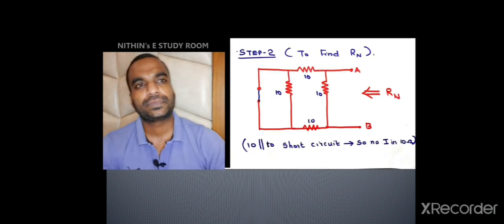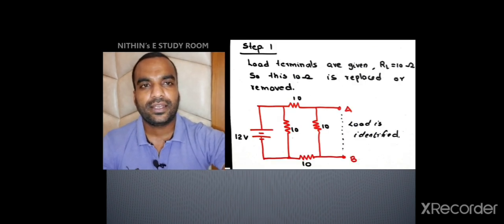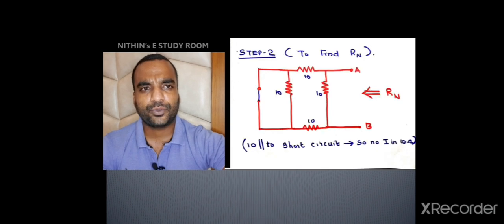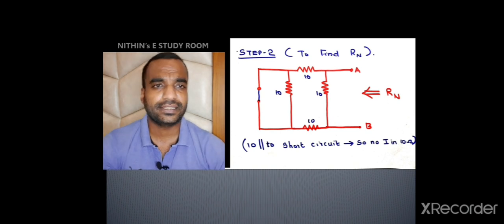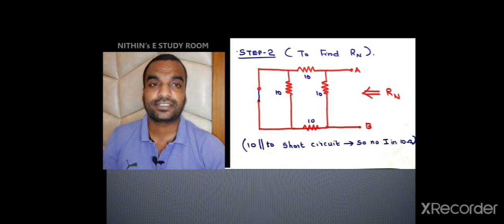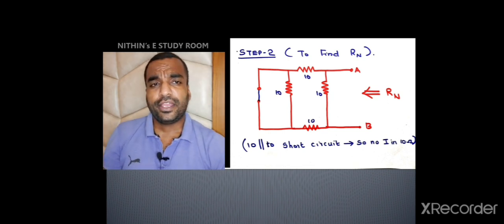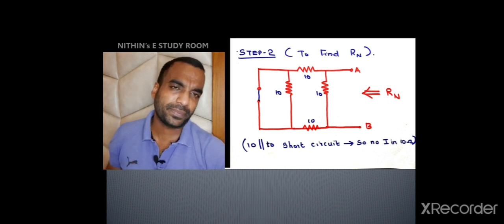Step 2, to find Rn. Initially we had a voltage source of 12 volt here, and now you replace that 12 volt with its internal resistance, that is nothing but a short circuit, or 0. All the other elements are there, but in the prerequisite class we already said that if we have a resistance in parallel with a short circuit, no current will pass through that resistance.